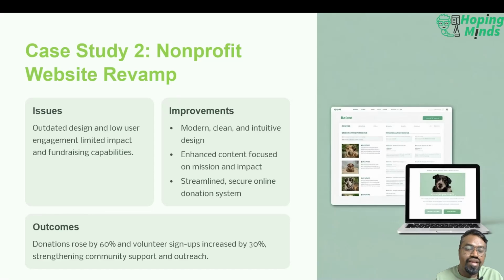But if you opt for a secure online donation system, for example a proper payment gateway system, people would definitely trust your business, and your donations will rise. So the outcome: donations rose by 60%, and volunteer sign-ups increased by 30%, strengthening community support and outreach, right?